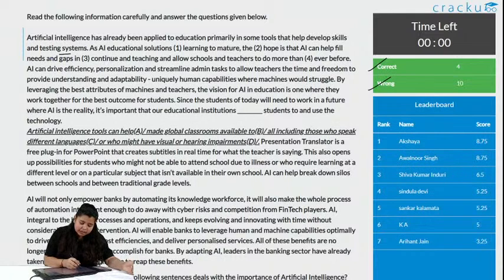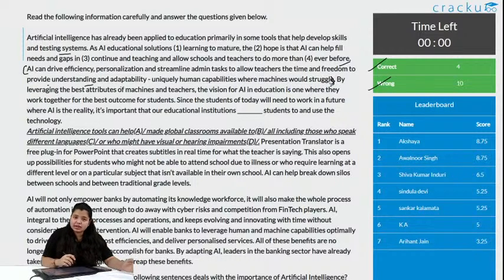AI, that is artificial intelligence educational solutions, are maturing and the hope is that AI can help fill needs and gaps in learning and teaching and allow schools and teachers to do more than ever before. AI can drive efficiency, personalization and streamline admin tasks to allow teachers the time and freedom to provide, I am marking this, to provide understanding and adaptability, uniquely human capabilities where machines would struggle.